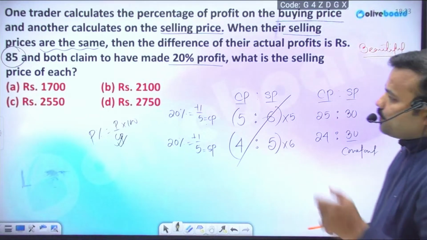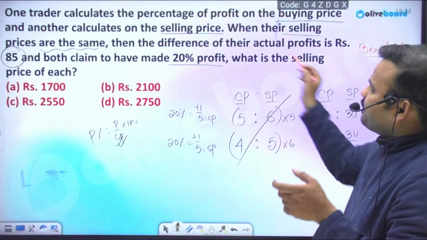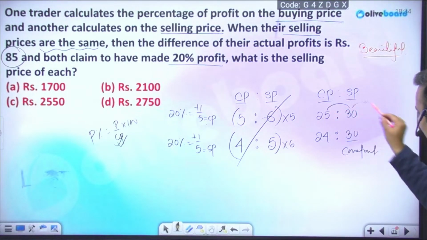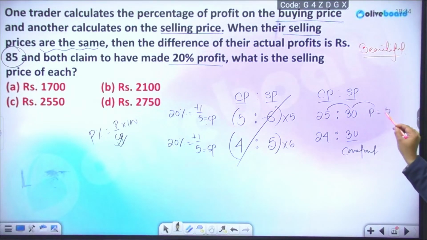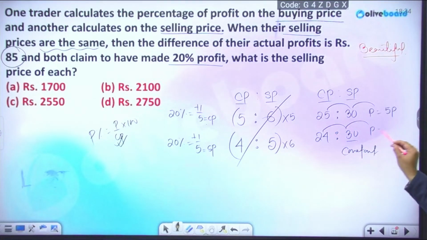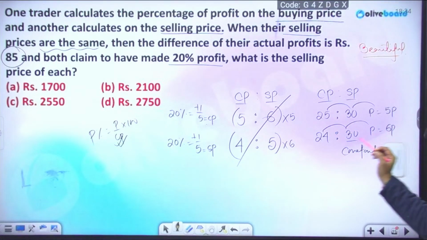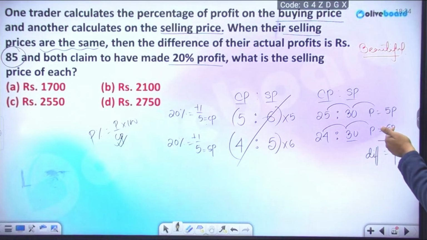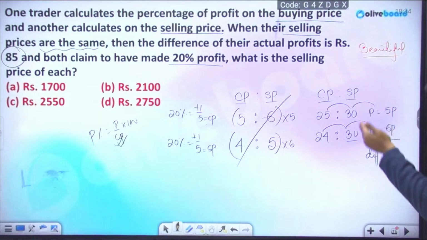Now both are having a profit difference of 85. For this particular person, he is making a profit of 5 units, and for this particular person he is making a profit of 6 units. So obviously there is a difference. The difference in profit is nothing but 1 unit. See, he is making a profit of 5, he is making a profit of 6, difference is 1. I have already made the selling price equal.